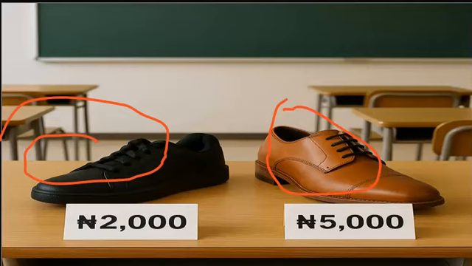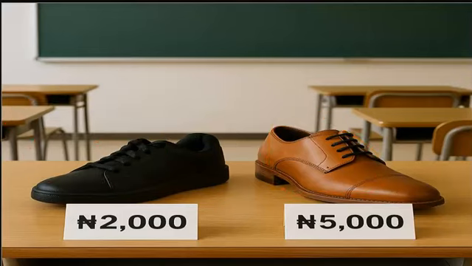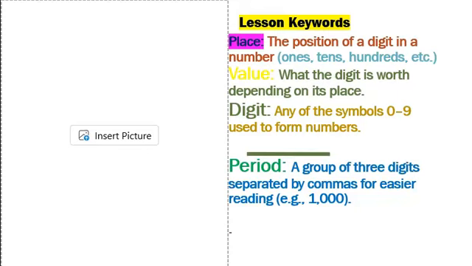Alright, so we are going to the next part of the lesson, which is understanding the keywords. Here we have place value: the position of a digit in a number.